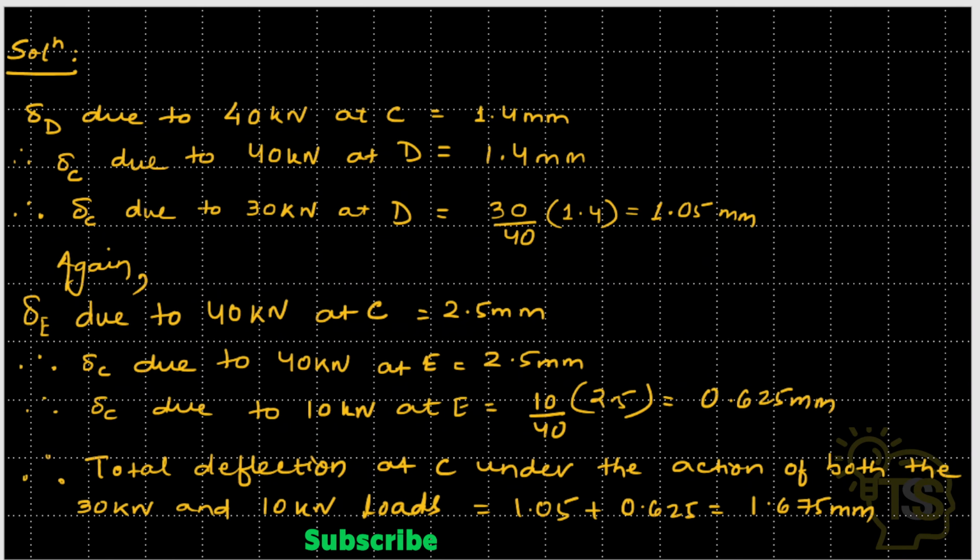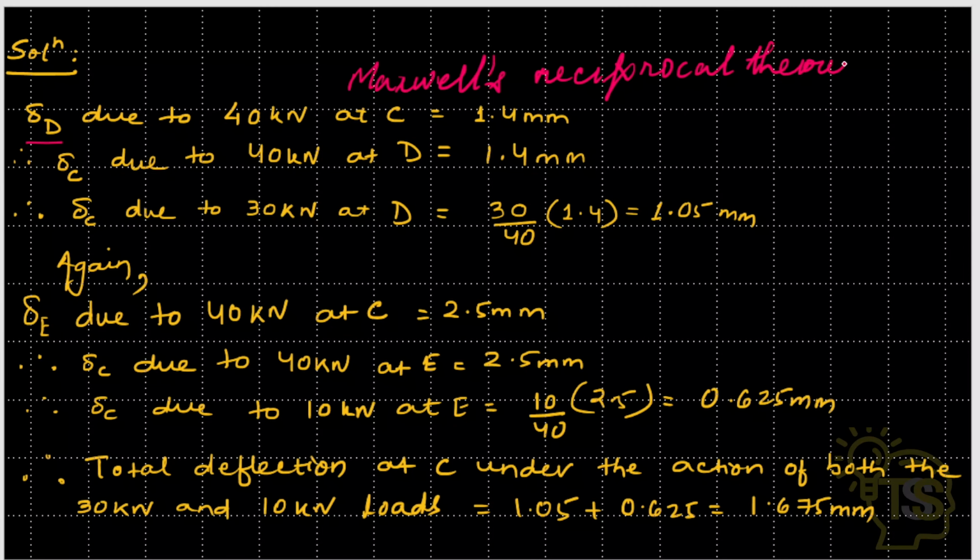Let's calculate. The deflection at D due to a 40 kN load at C is equal to 1.4 mm, which is already given, and according to Maxwell's reciprocal theorem, it is asked to find the deflection at C. So the deflection at C due to 40 kN at D will also be equal to 1.4 mm.